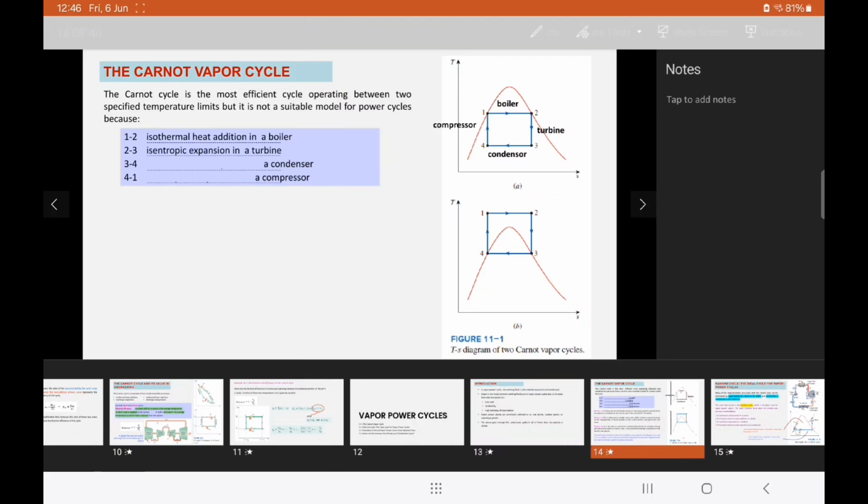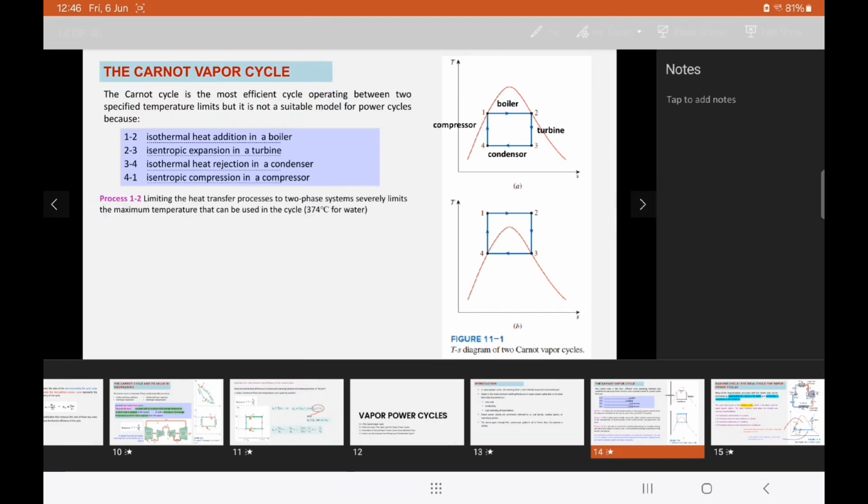From 1 to 2 you have isothermal heat addition in a boiler, 2 to 3 you have isentropic expansion in a turbine, 3 to 4 you have isothermal heat rejection in a condenser, and 4 to 1 you have an isentropic compression in a compressor. So why is this a reason for Carnot cycle not being a suitable model for power cycle?